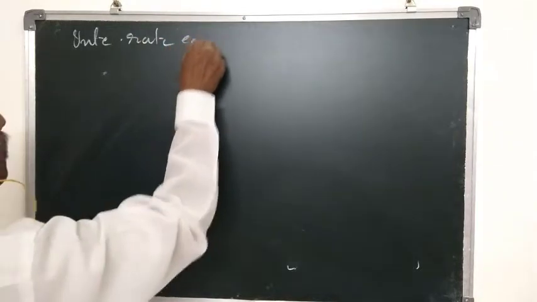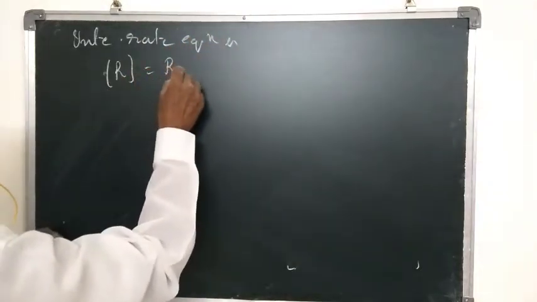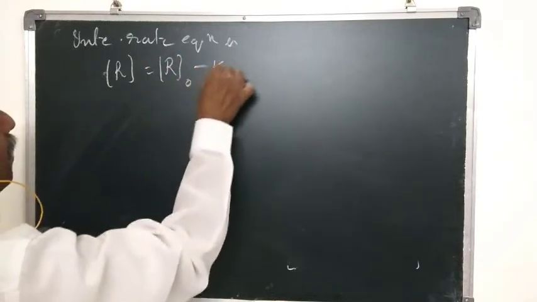So the integrated rate equation is R equal to R0 minus kt.